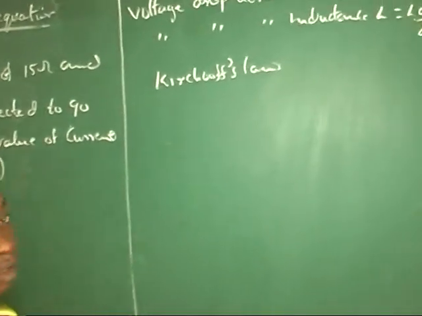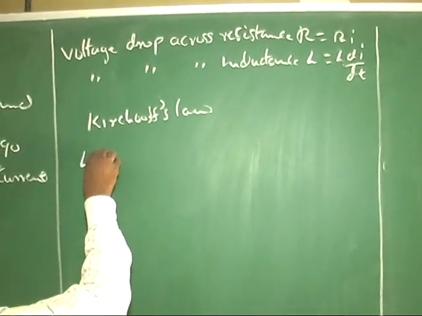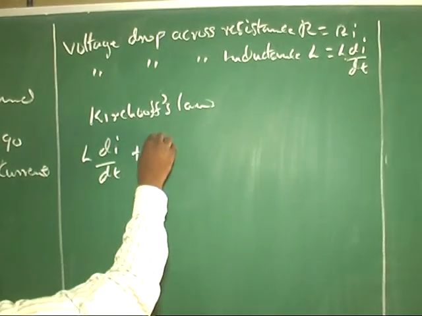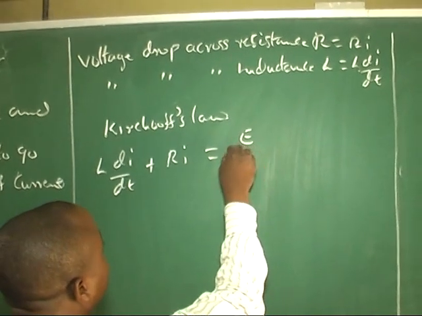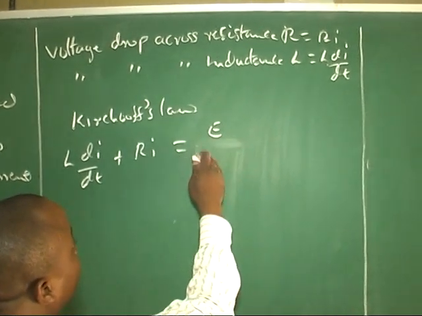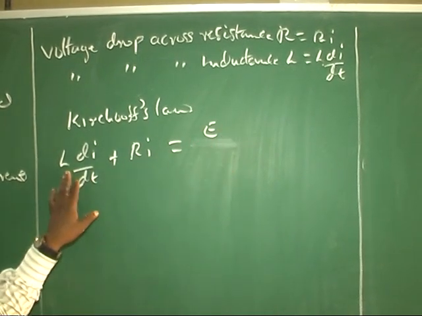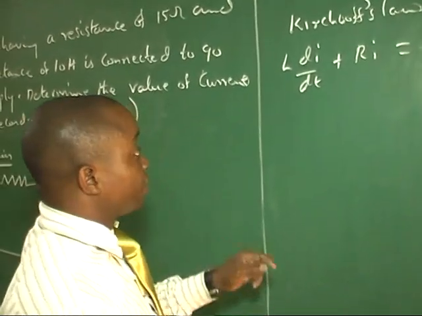So if we put that to use, we have L dI/dt plus R I will be equal to E. Yes, it will equal E. That is the electromotive force. If we add these, it is equal to the electromotive force. That's what the law states.